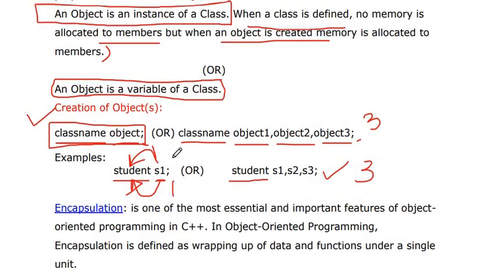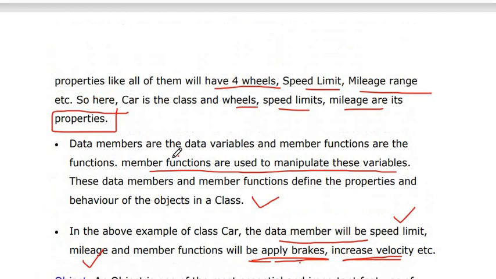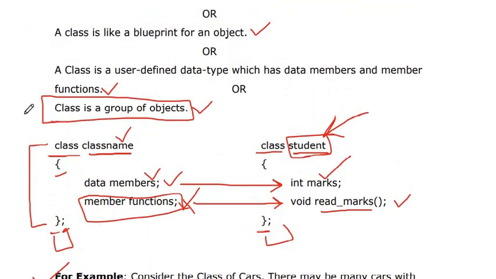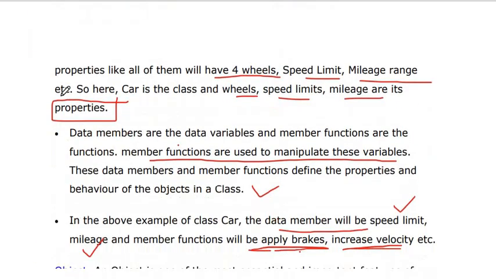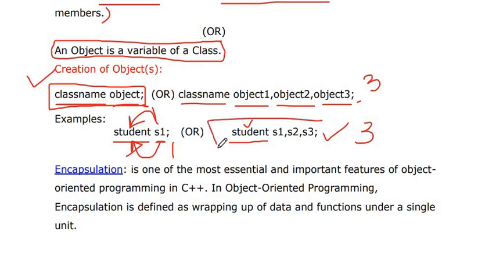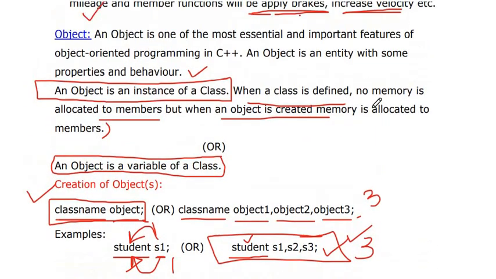Now let us go to the previous page. Definition of the class. Already here we have seen class is a group of objects. Now look here. Here we have created three objects. So this is a class. Student is a class. This class is a group of objects. So we have seen the last definition of the class also.